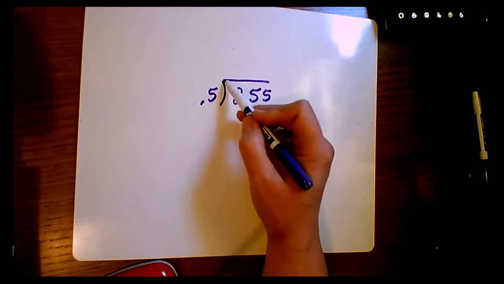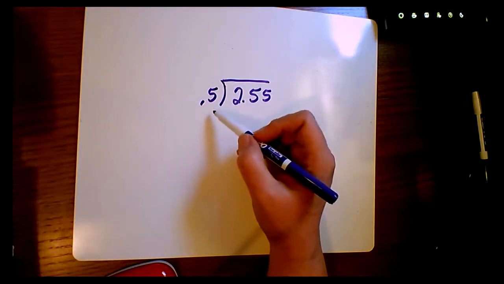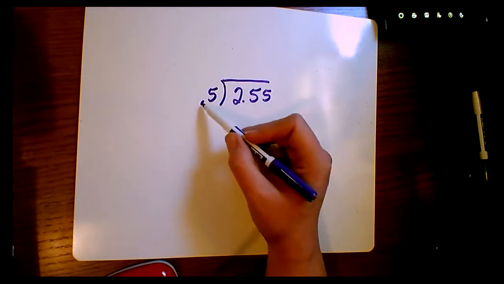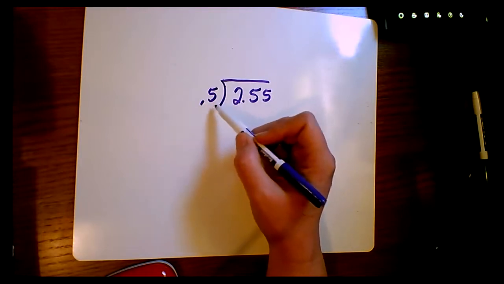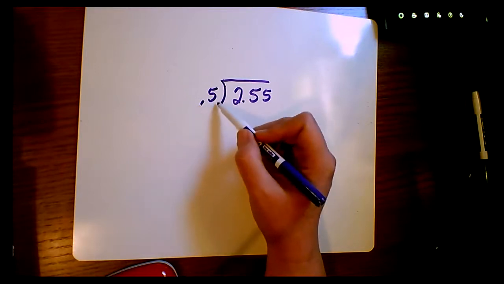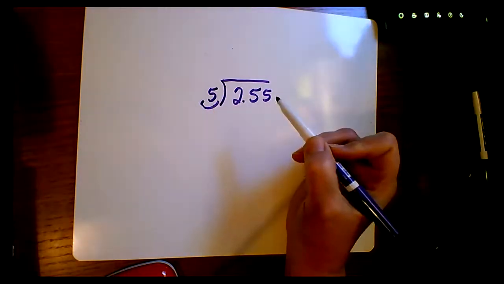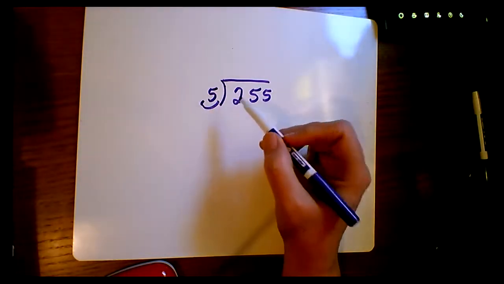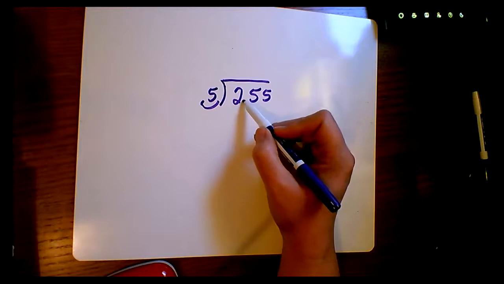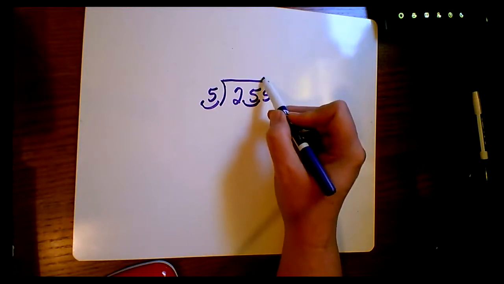So we just learned in the last lesson that the divisor has to be a whole number. And we know that if we multiply 0.5 times 10, we get 5. So we're going to indicate that we've multiplied by 10 by just moving the decimal point one place to the right, because it's only by 10 that we're multiplying. And we have to do the same thing to this number. Okay, so now our new decimal point is here.